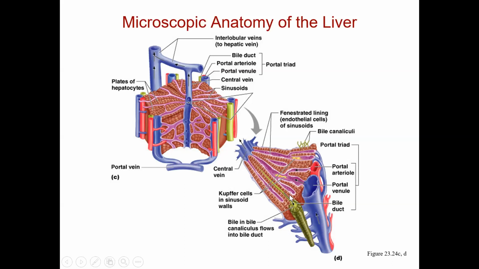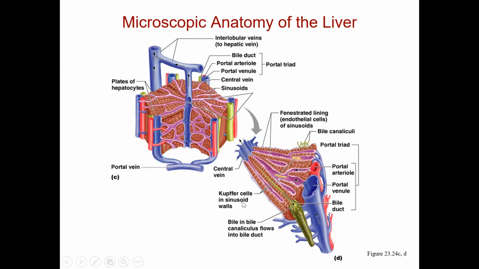And then the liver cells can use these nutrients to make bigger molecules, proteins, for example albumins and globulin proteins, and also lipids. These capillaries are called sinusoid capillaries.